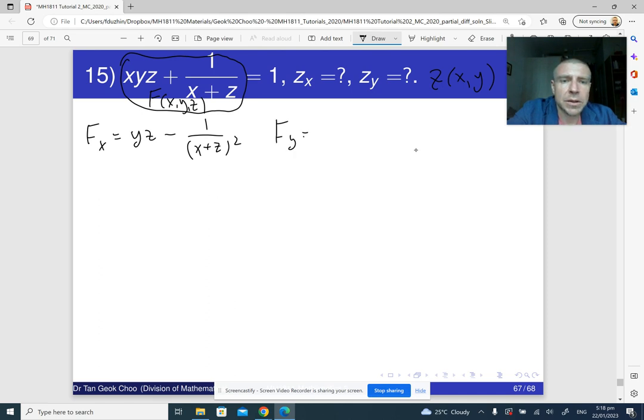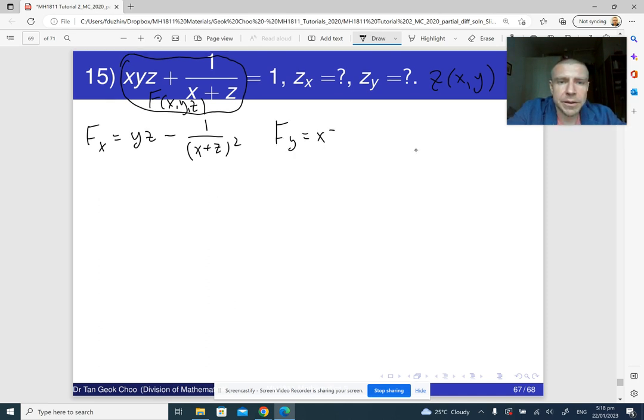So fy is going to be xz. There is no y in the second term, so its partial derivative is 0, and fz is going to be xy minus 1 over x plus z squared. Okay, so that's basically it.